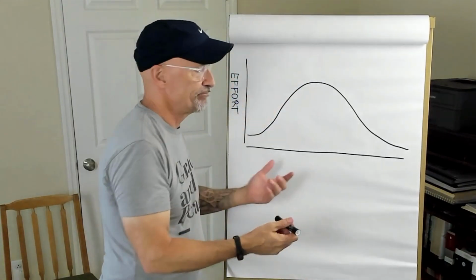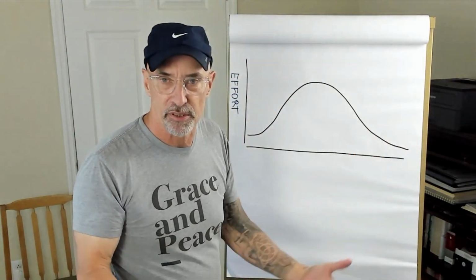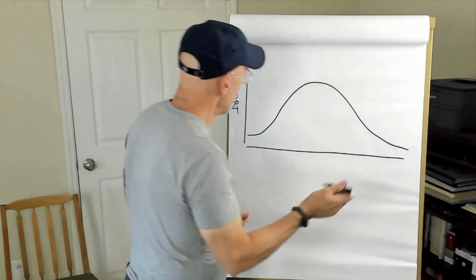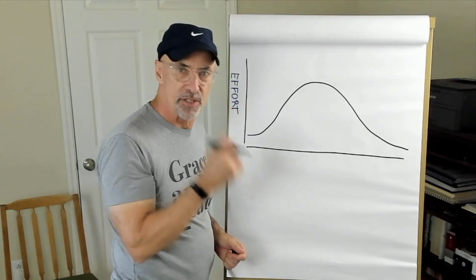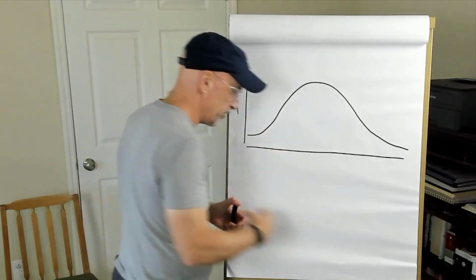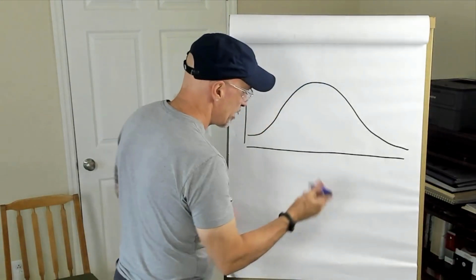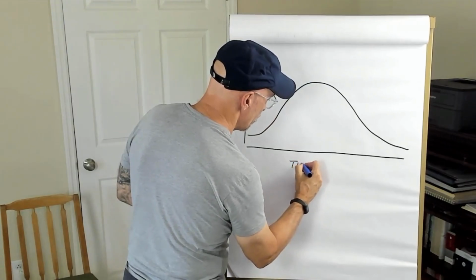This is the trust hump. When we are beginning a relationship, maybe this is time. That's probably what this is. Let's just try that on for size. Time, assuming things go well.